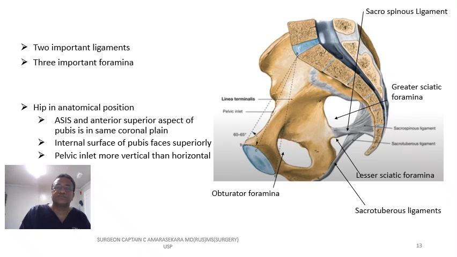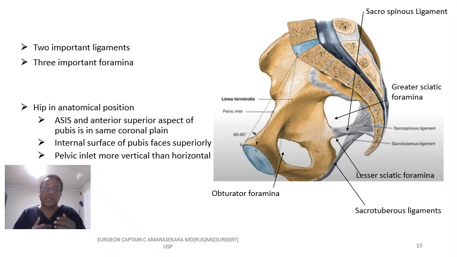So in anatomical position, the ASIS and anterior pubis lie in the same coronal plane. This is a very important arrangement. The internal surface of the pubis faces superiorly, not anteriorly.